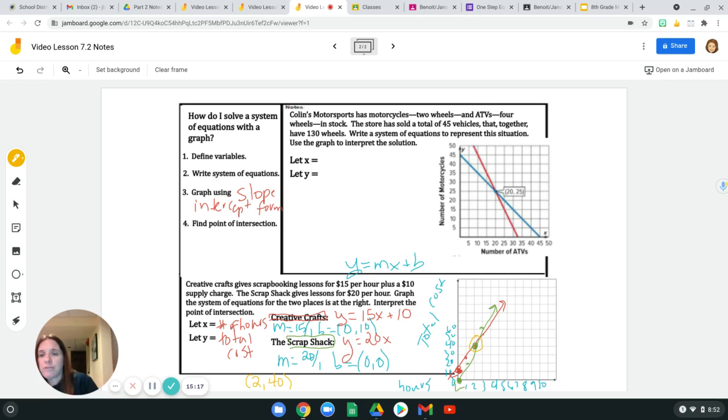So the point of intersection means the lessons both cost $40 for 2 hours. That's where they're the same. If you're going to go over 2 hours, then you would choose the cheaper of the two.